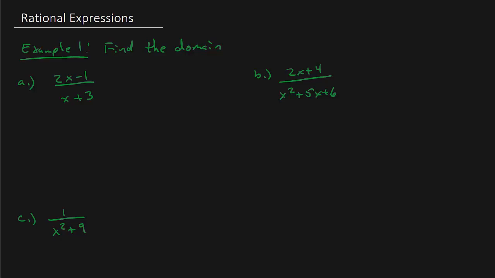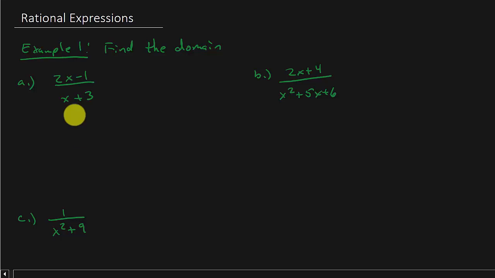So in this case, the only thing we have to look for is when the denominator is 0. In a more advanced class, or with more difficult problems, you might have a radical in the numerator and then you would have to do some other stuff. But for these problems, it's basically when is the denominator 0, and the domain is everything but those numbers. So for this one, we want to know when the denominator is 0.